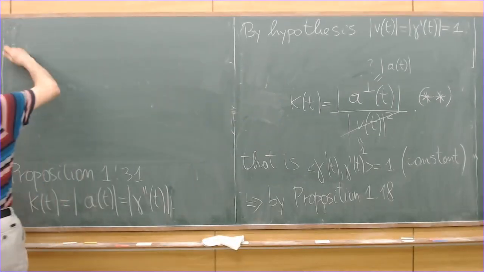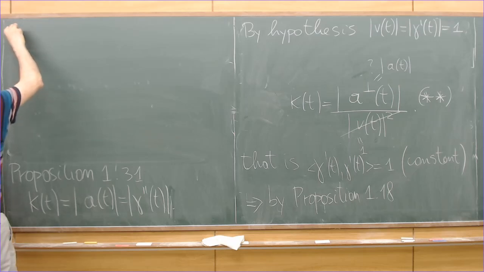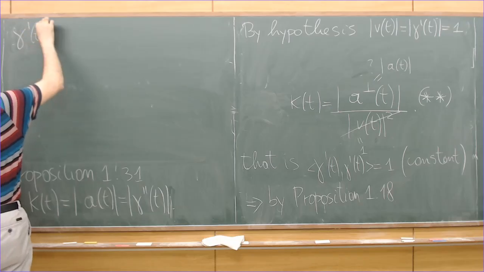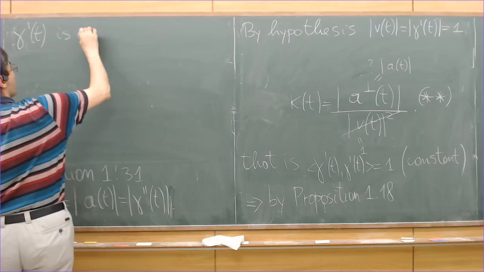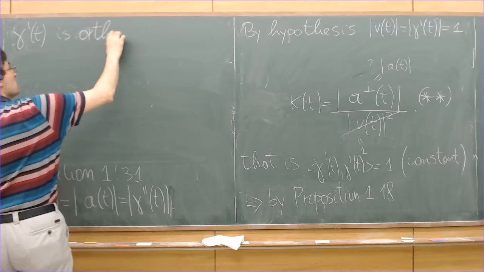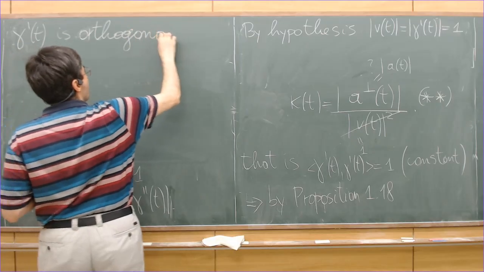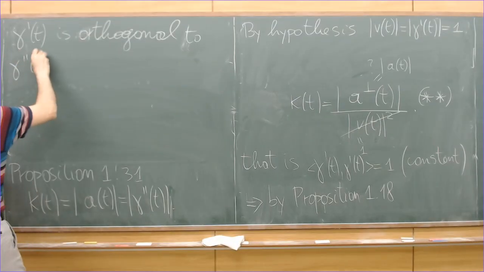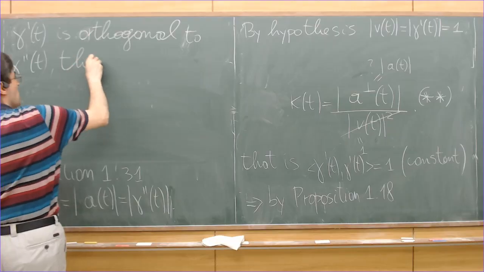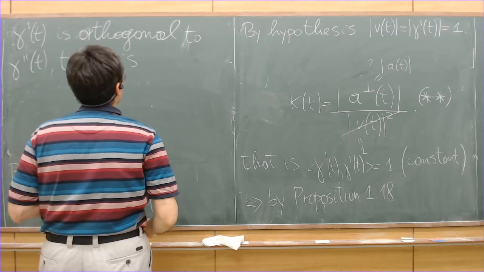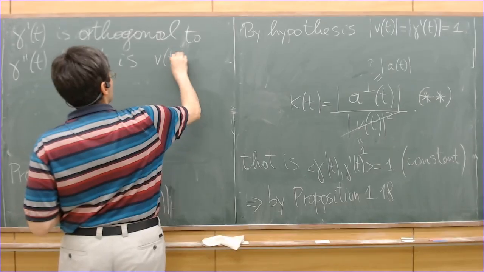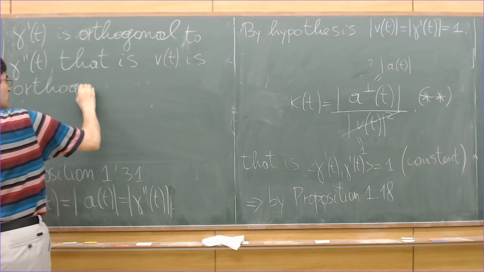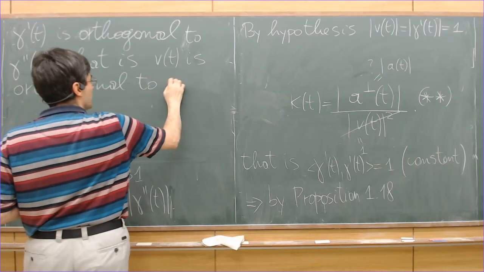we have that gamma prime of t is orthogonal to gamma second of t, that is, V of t is orthogonal to A of t.